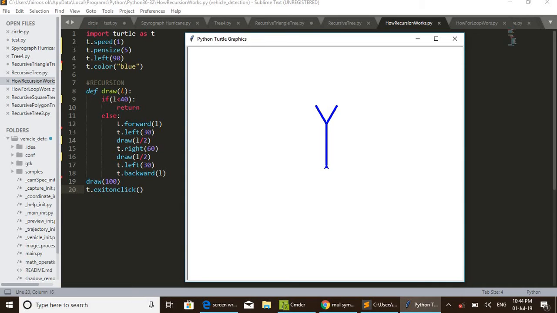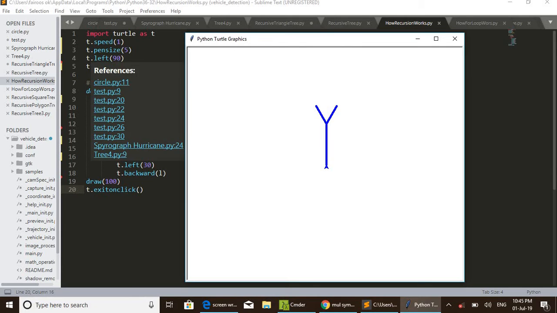t dot speed 1, turtle speed we set as 1, that is the speed of turtle moving. Okay, and pen size 5, that is the thickness of this line. Then t dot left 90, actually that is used for turning turtle direction upward.